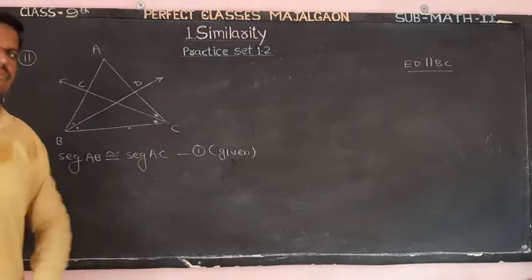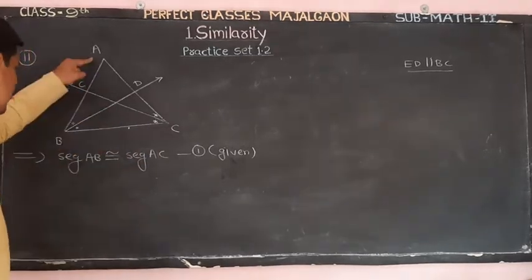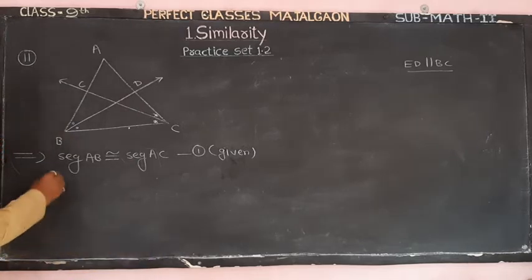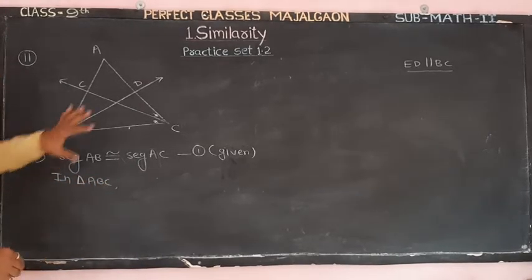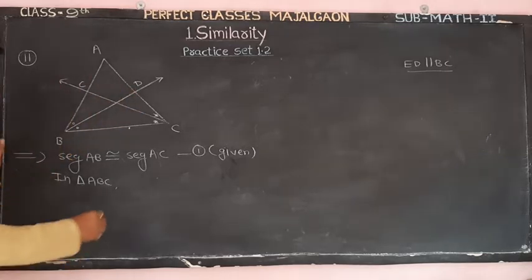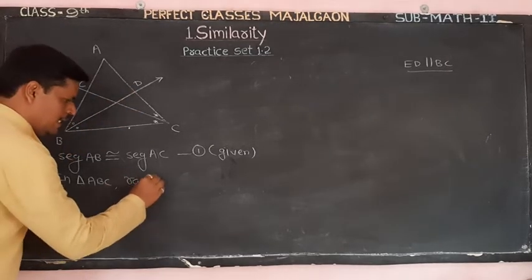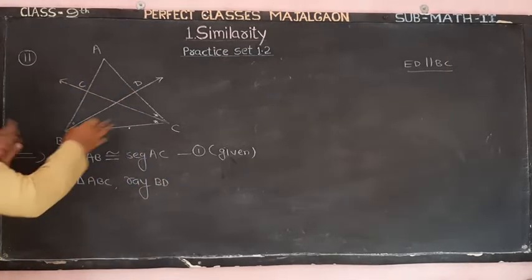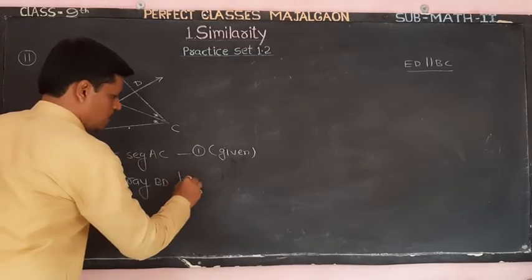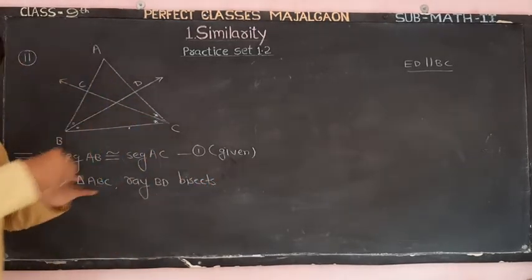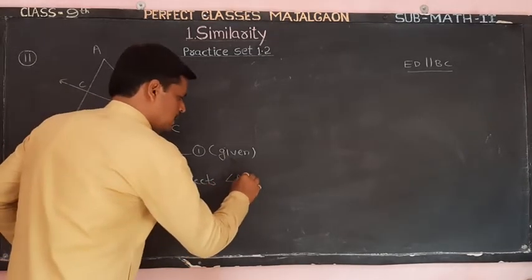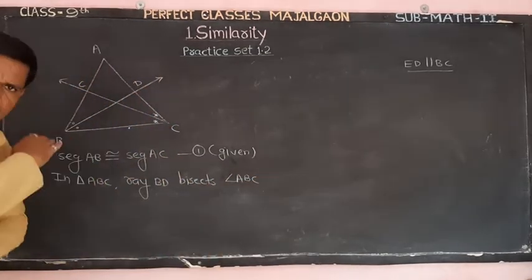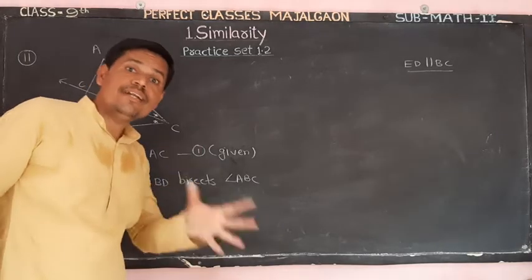We will write given. Also they say that in triangle ABC, ray BD bisects angle ABC. Therefore, here we use the angle bisector property again.